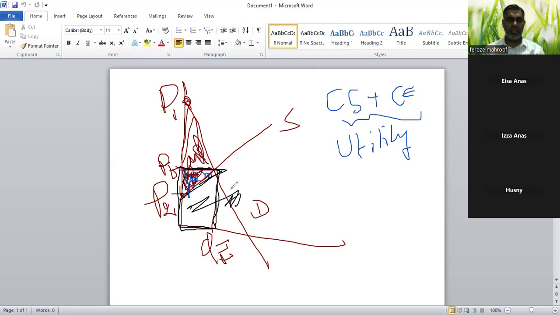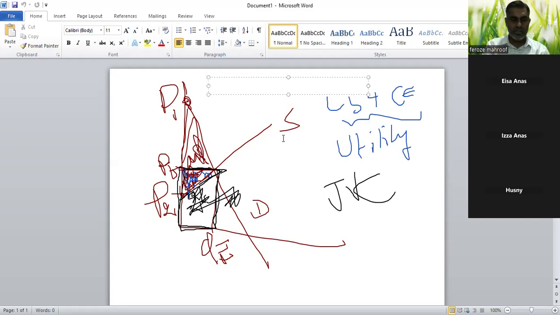Then the remaining area is total variable cost. Therefore, very important: total revenue minus producer surplus is equal to total variable cost of producers.